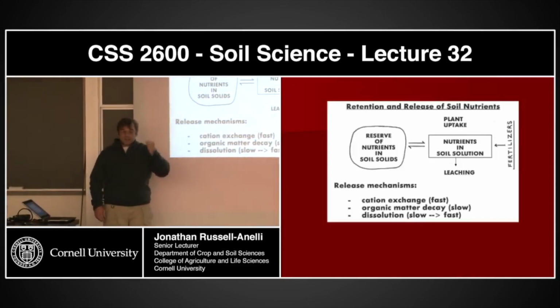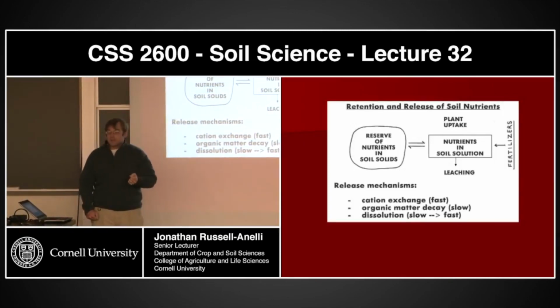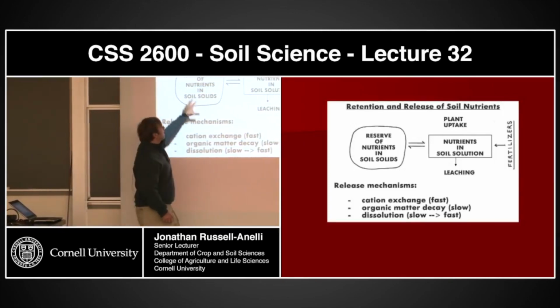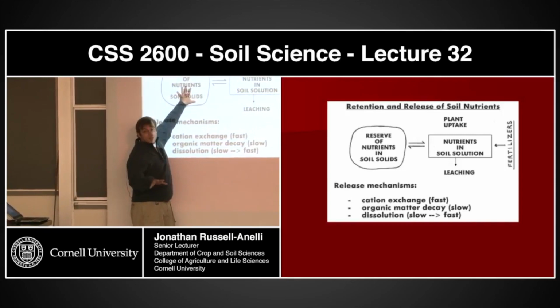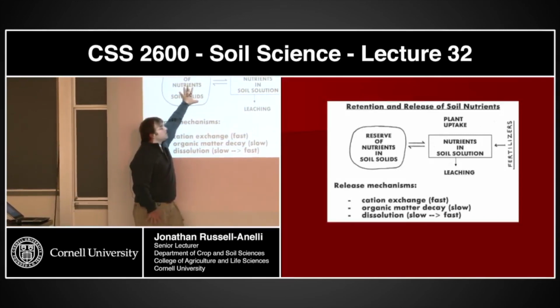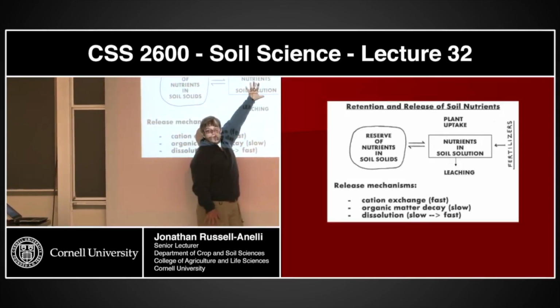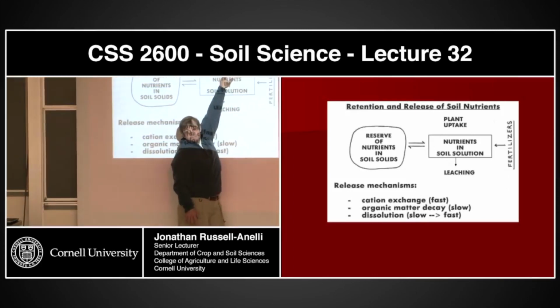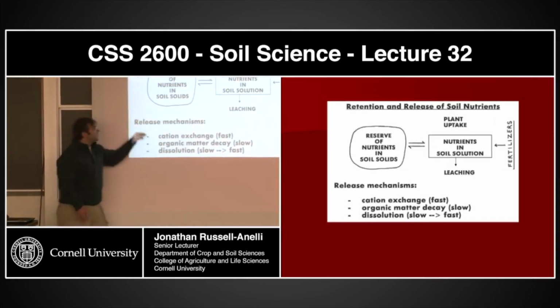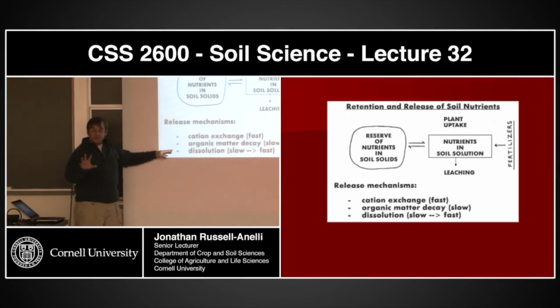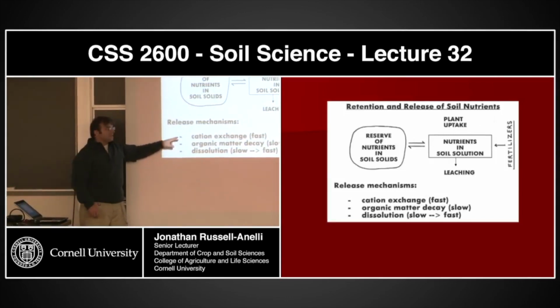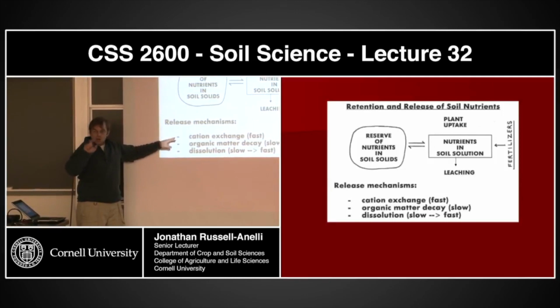Now, if that's what we're talking about, we're really talking about release mechanisms. We're talking about release mechanisms of nutrients, or cations or anions, from this reserve area into the soil solution where it can then go up to the plant. Those release mechanisms are basically threefold. There's sort of three controlling issues here. If it's a cation exchange reaction, cation exchange capacity, it's basically charge related on the exchange sites.